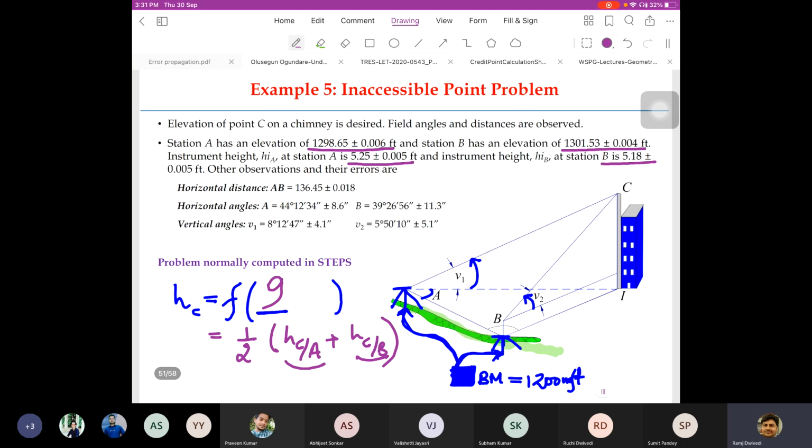So HC is a function of those whole 9 parameters. Because height from A is measured, height from B is measured, but ultimately height of C is coming from A and B. So you have to take the average because you are getting two answers. What is the most probable value of HC? That would be the average taken from both A and B.